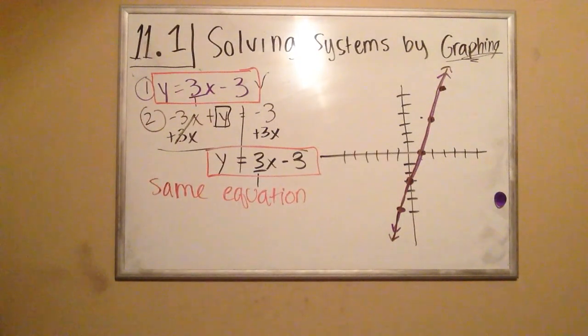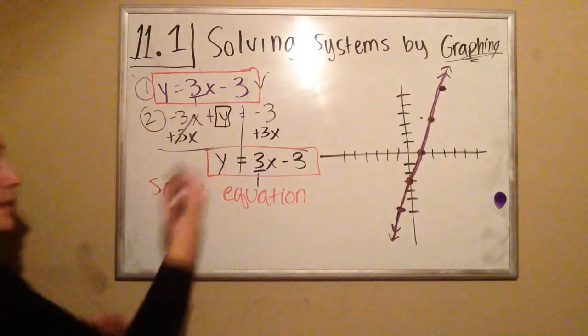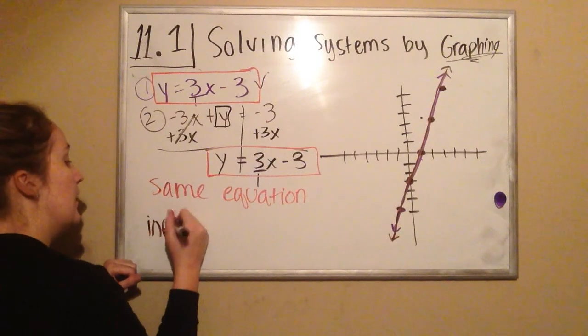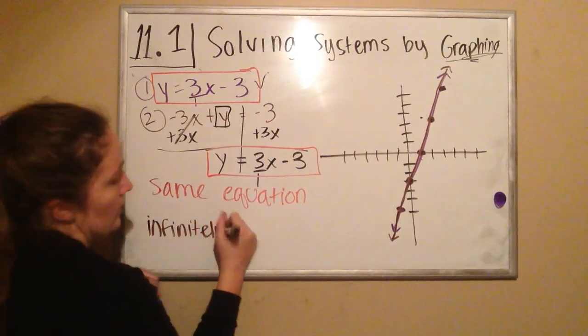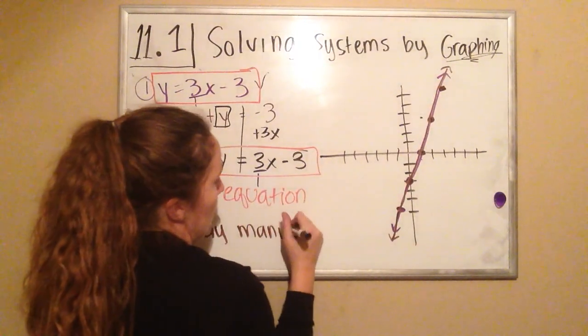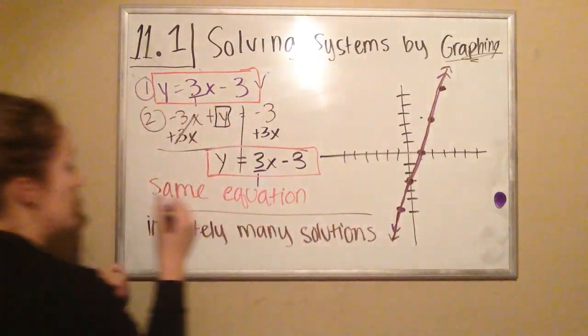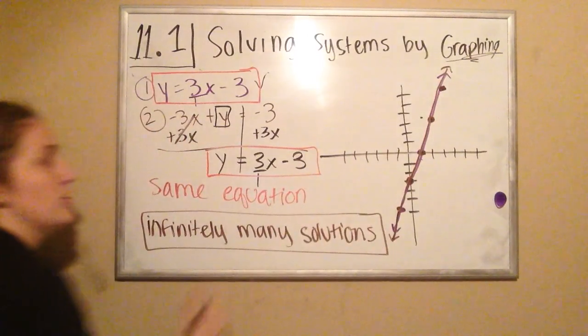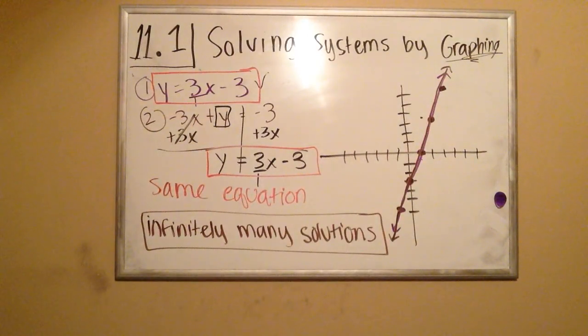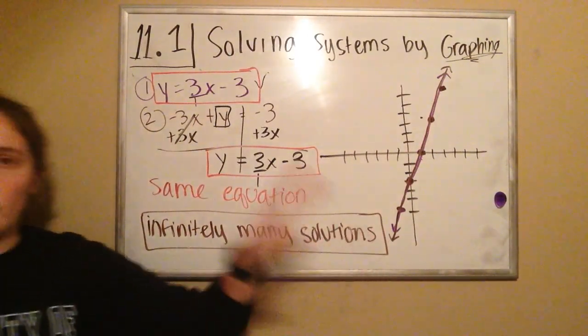They turned out to be the exact same graph. So these have infinitely many solutions, just like we saw in the example. So if you were to get a question that asked you something like this, your answer would be infinitely many solutions.